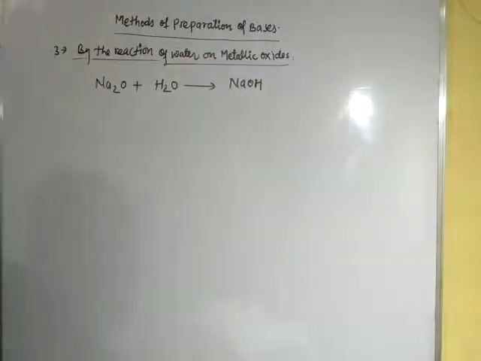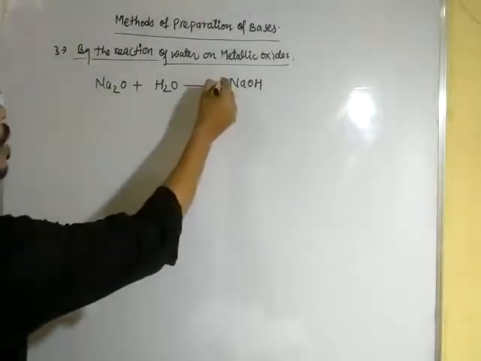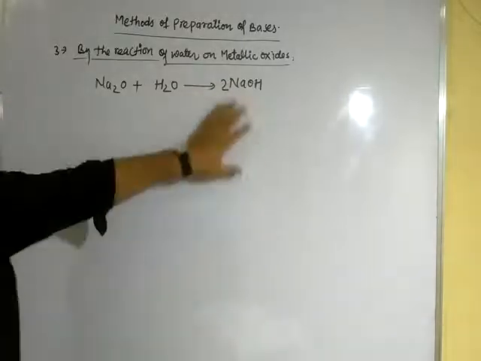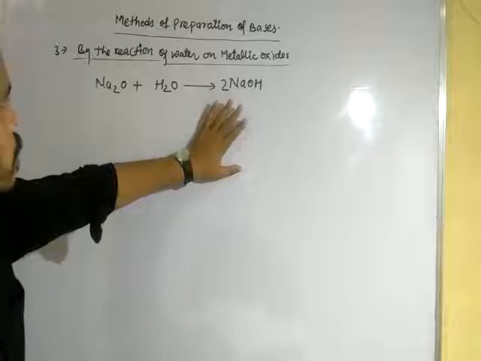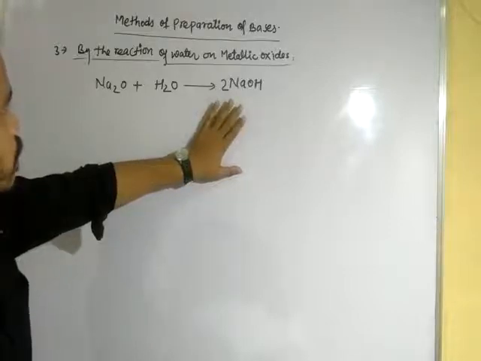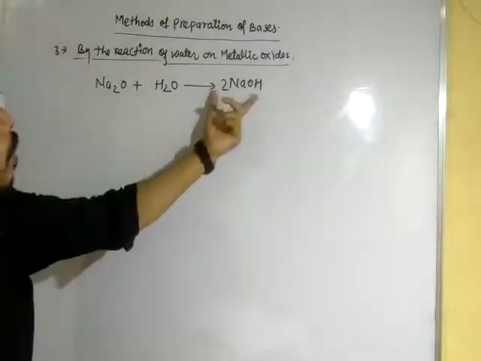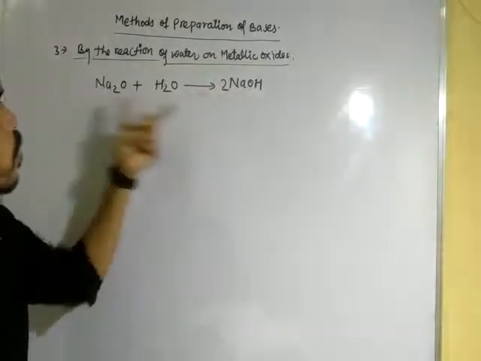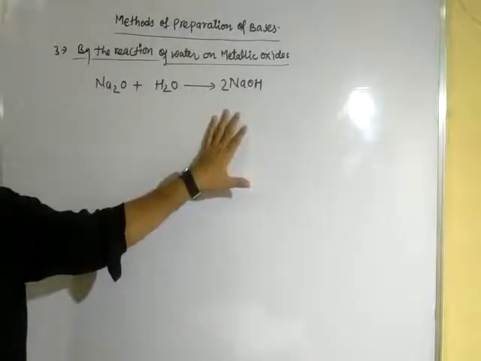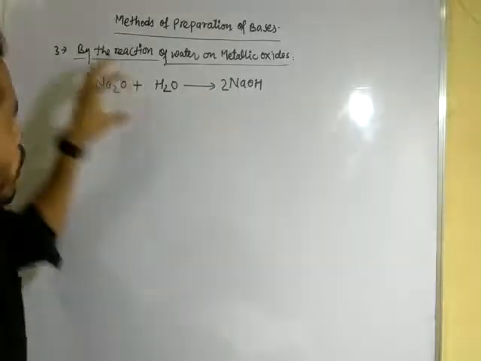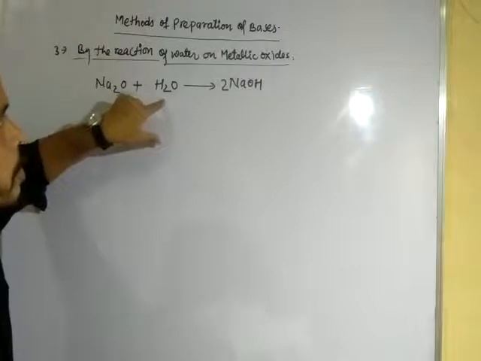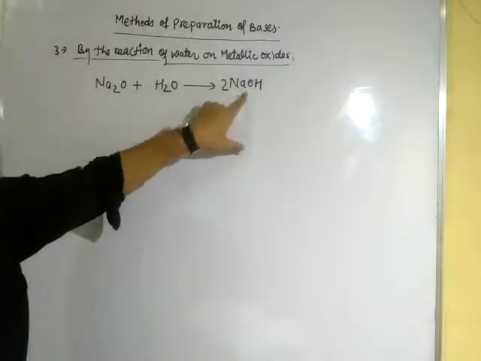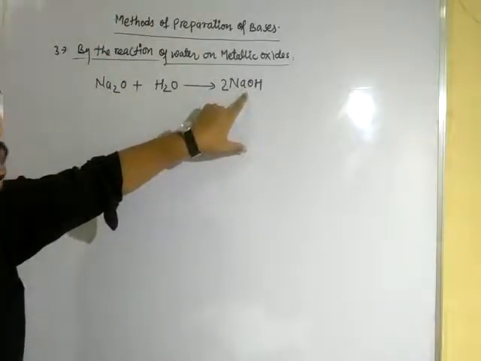To balance the sodium, multiply sodium hydroxide with 2. All the atoms on both sides are equal: 2 hydrogen, 2 oxygen, 2 sodium. This reaction is balanced. When sodium oxide, a metallic oxide, dissolves in water, it forms sodium hydroxide, and sodium hydroxide is the base.